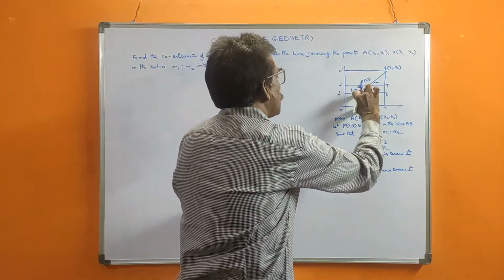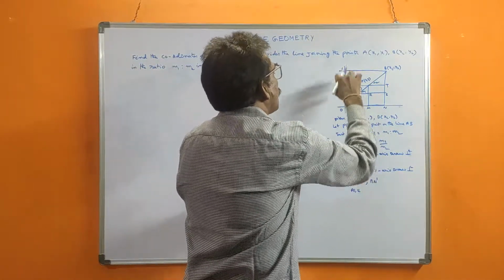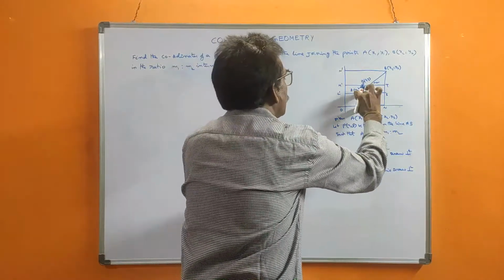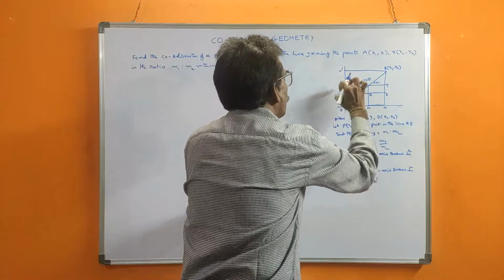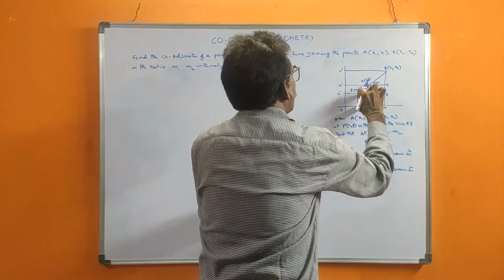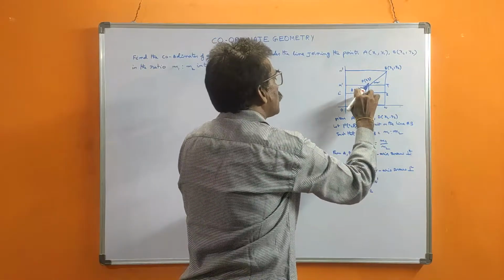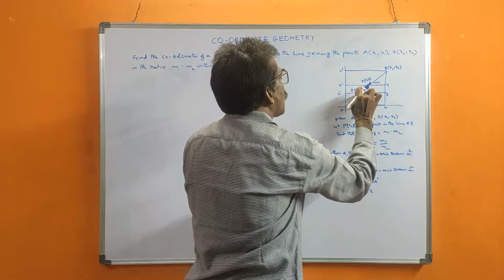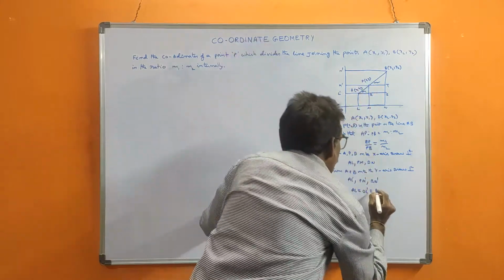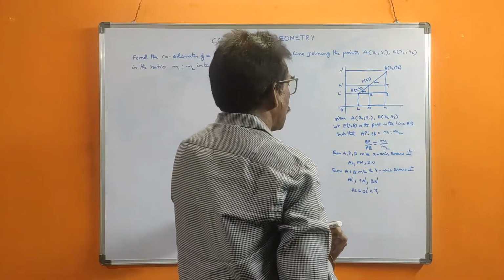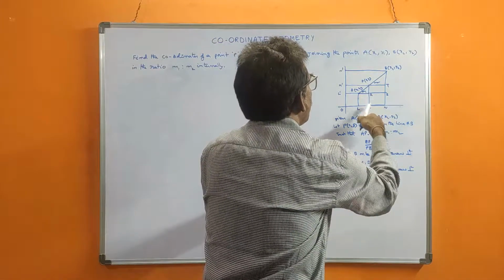So AL in terms of the vertical and horizontal lines: AL is equal to OL dash. This is the vertical coordinate of point A, which is y1.